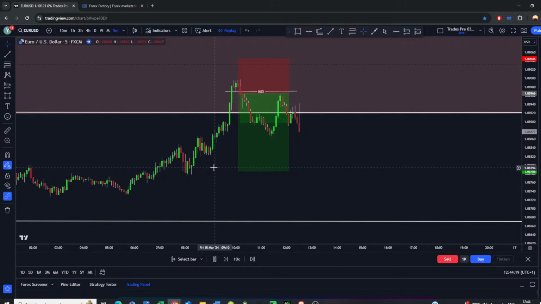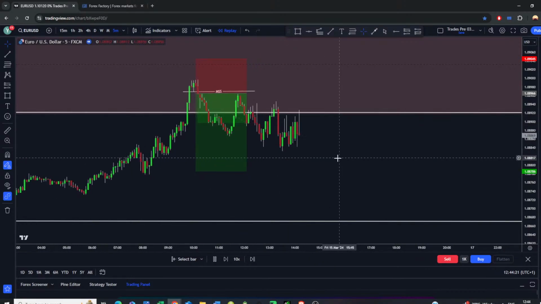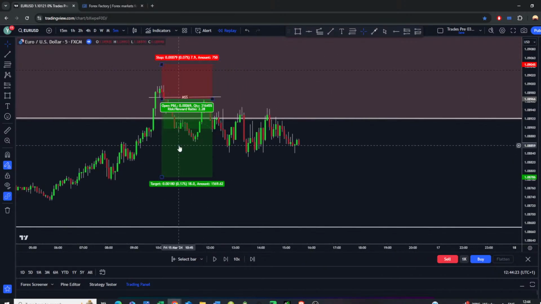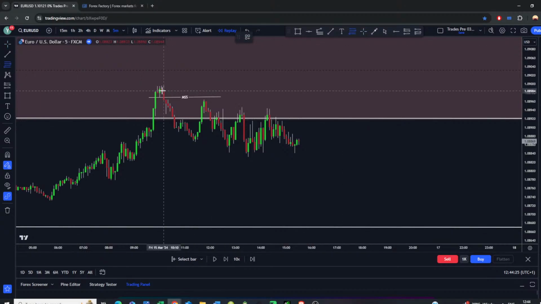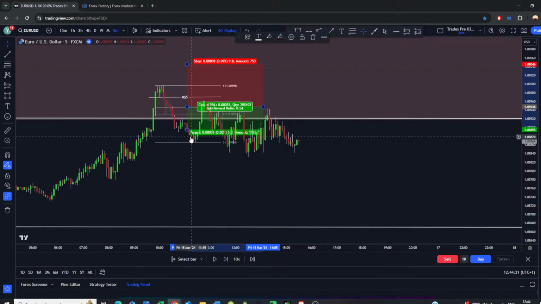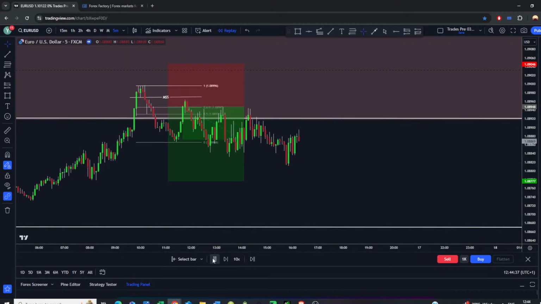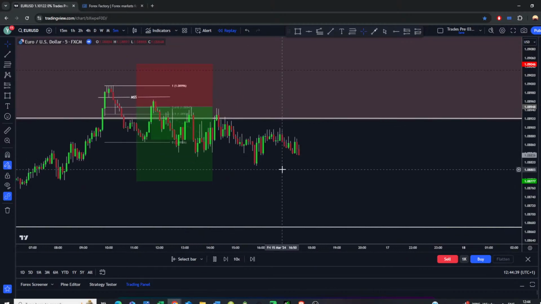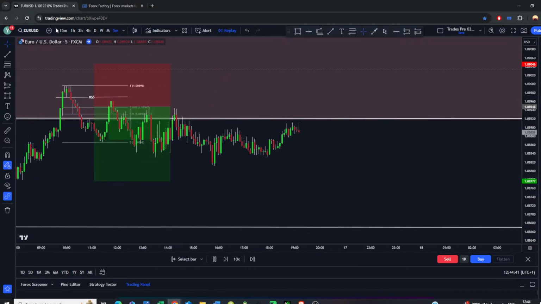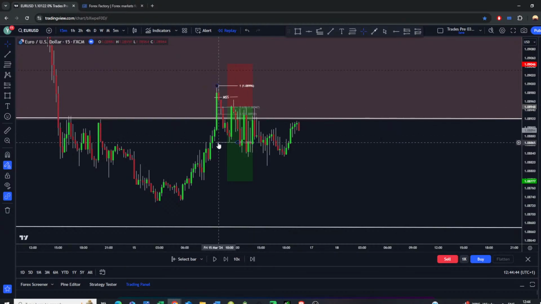I think that's a good level to get out with targets. Yeah, we don't get triggered. However, like I said, I would take the entry on the 618 pullback. Stops there, target still at these levels, and this would get stopped out, which is fair.